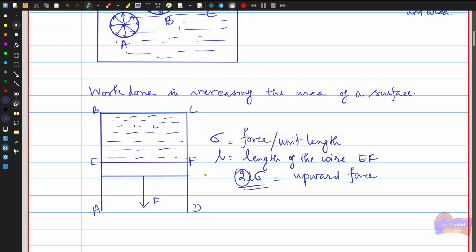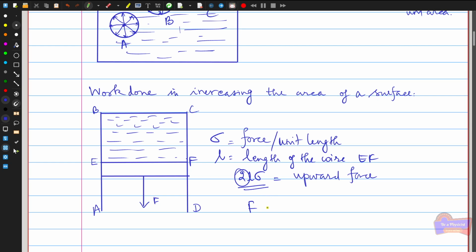The 2 is because the film has two surfaces, the top side and the bottom side of the liquid, so you have 2 times the surface tension, sigma.